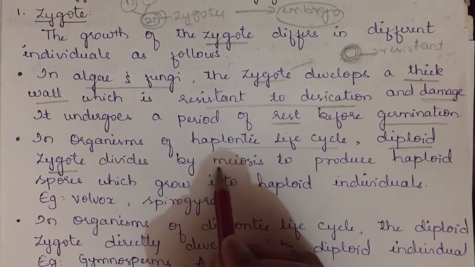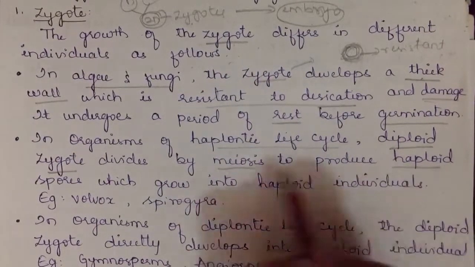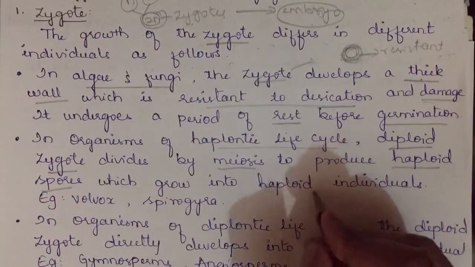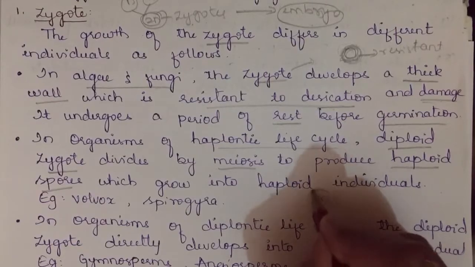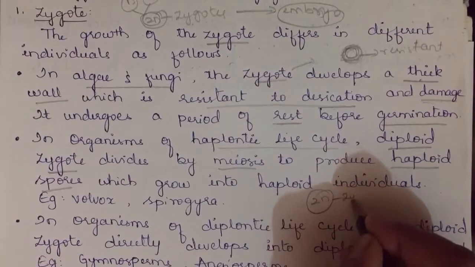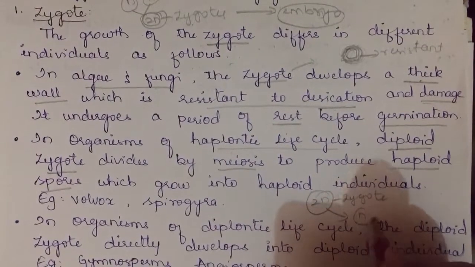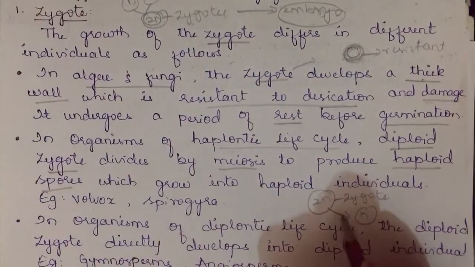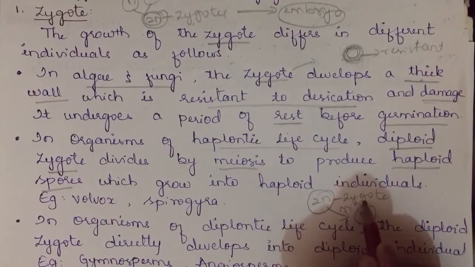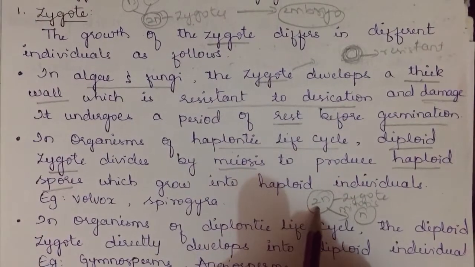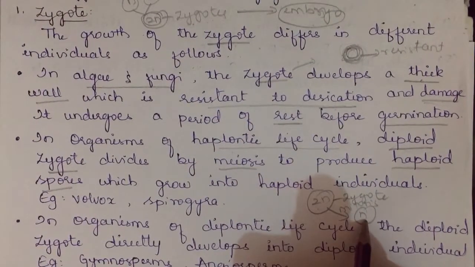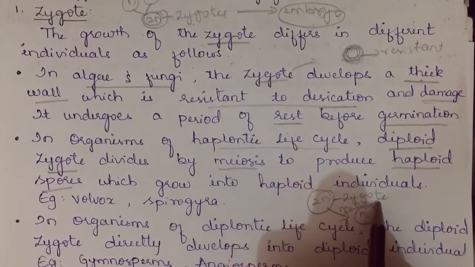That zygote divides by meiosis to produce haploid spores. The zygote is diploid, and when it has to produce haploid spores, how will it do so? By mitosis. Once we have discussed this, is it?